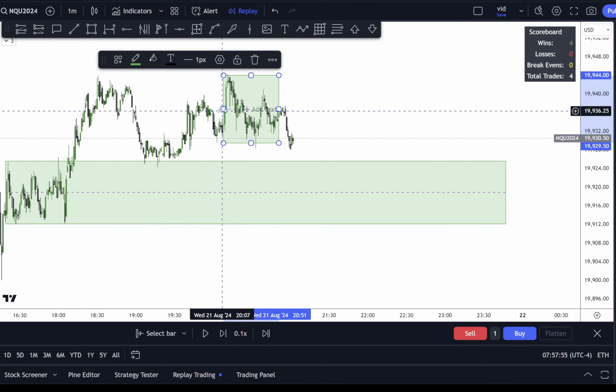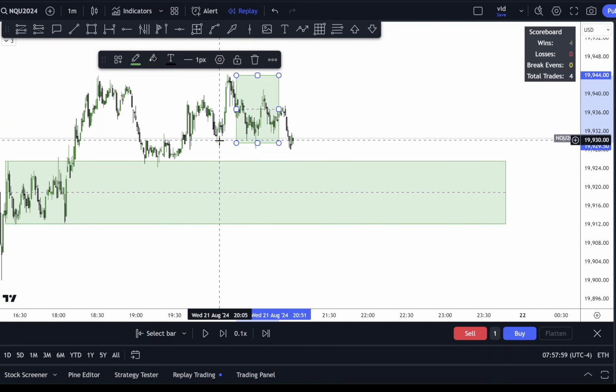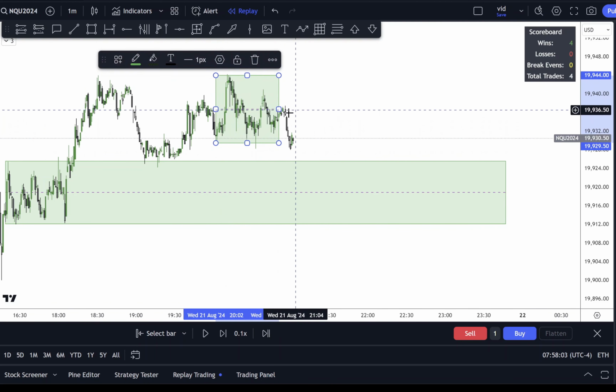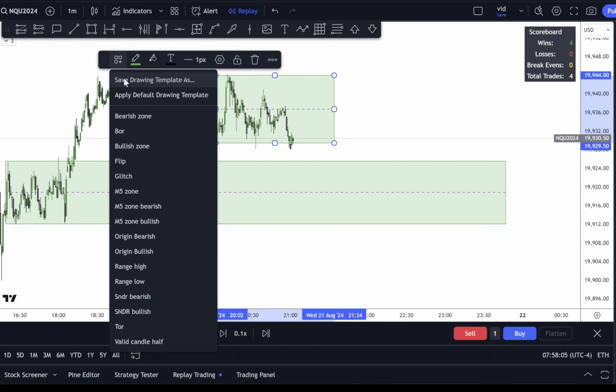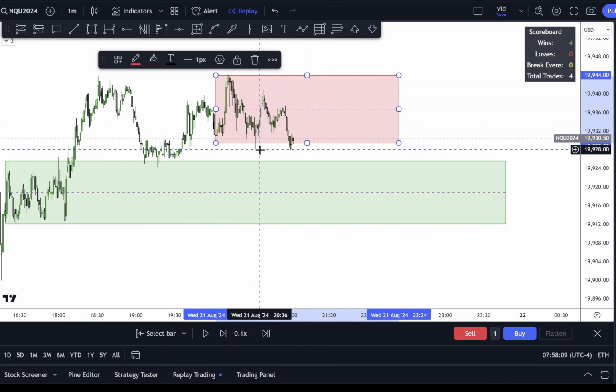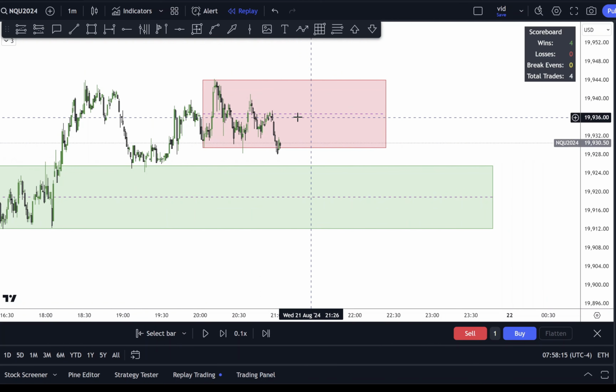So we had this last down close candle right here, and we closed above, and then we closed under. So that's a valid bearish zone. Okay, we don't mind this wick, just act like it never happened. So we closed here, and that's now our bearish zone.